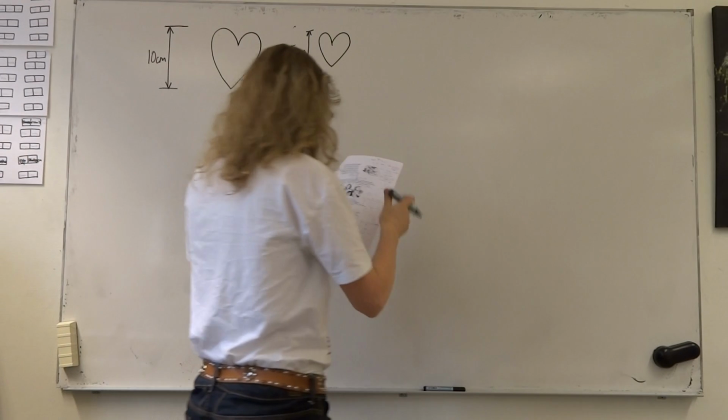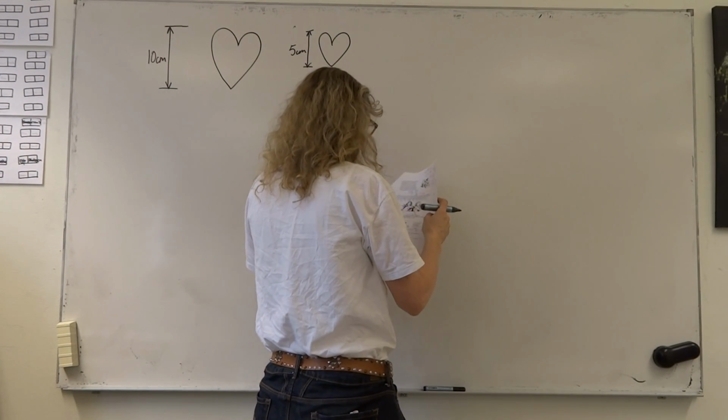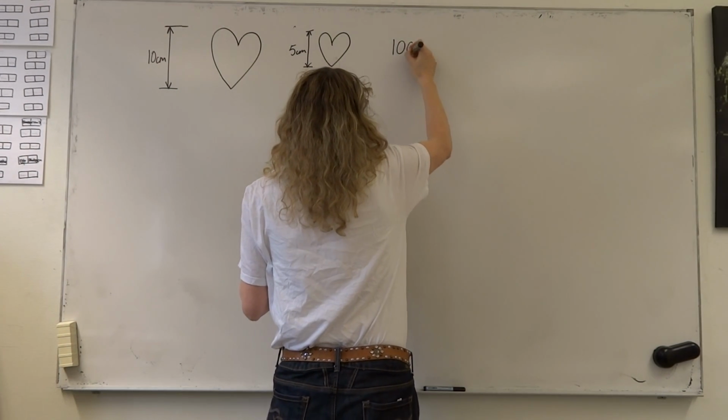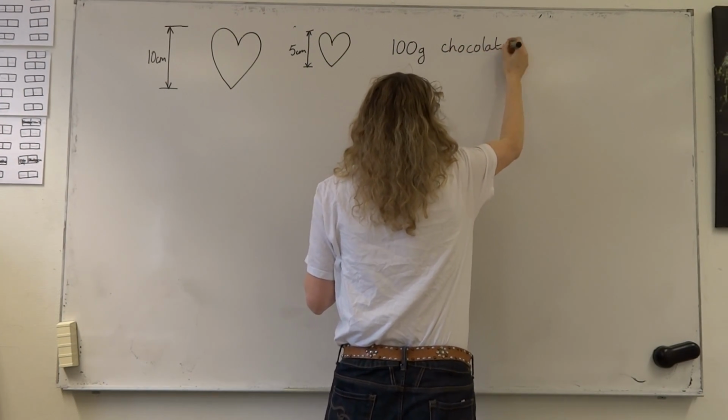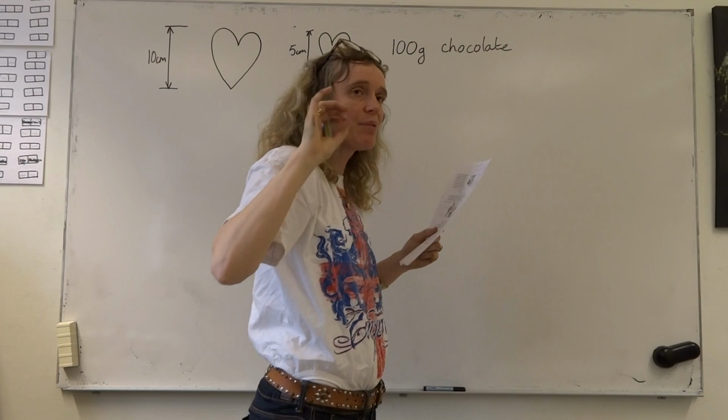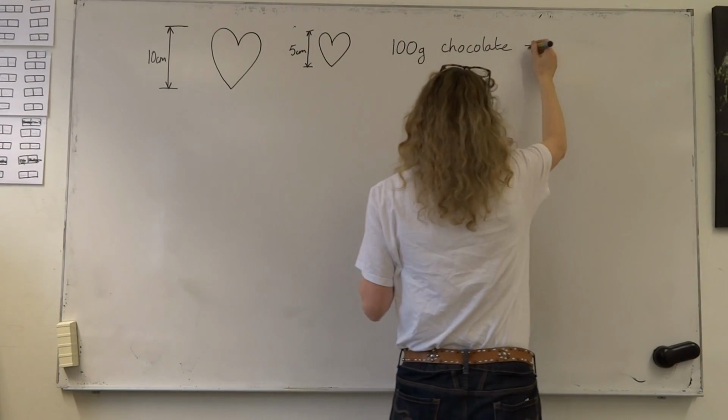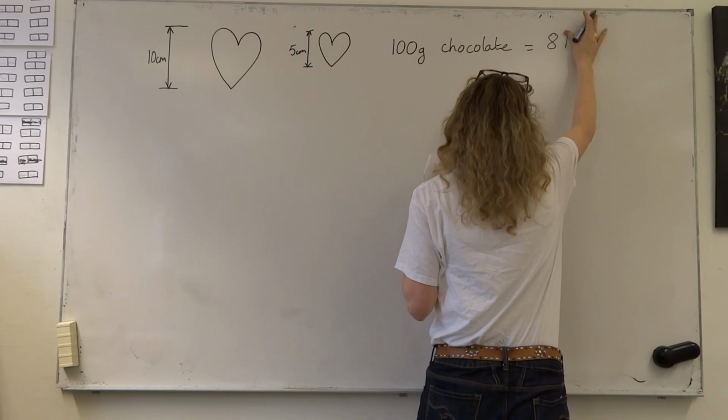And what do we know about these hearts? Well, if we have 100 grams of chocolate and put them in the form at the same thickness, we'd get 8 small hearts.